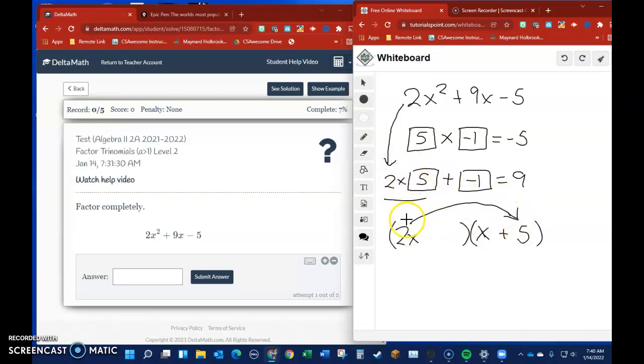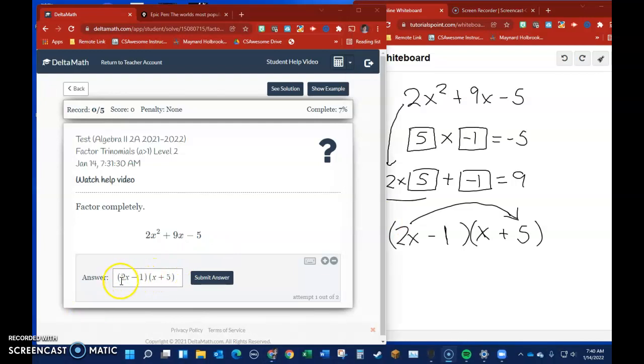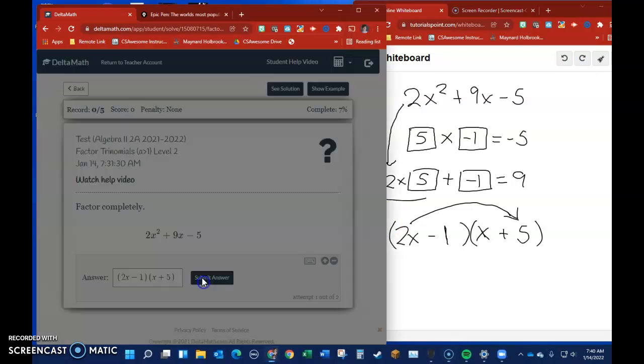Whatever you multiply by the 2 or the a term, put it on the end of the second term. Now the first term, the first factor, I'm going to subtract the 1. Alright, so type your answer in.